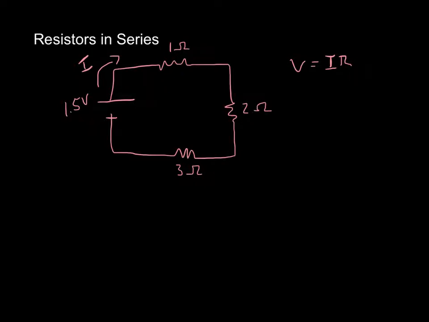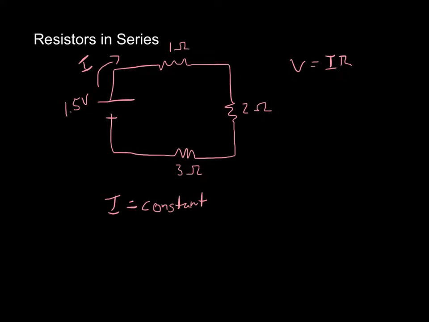First thing we have to know is that as current flows through resistors in series, a characteristic of resistors in series is that current is constant at each resistor. And so at each resistor, we're going to have differences in voltage based on the resistance. So the voltage across each resistor actually has a voltage drop.